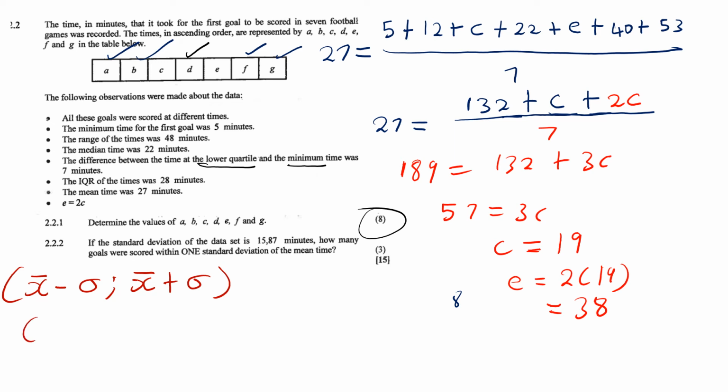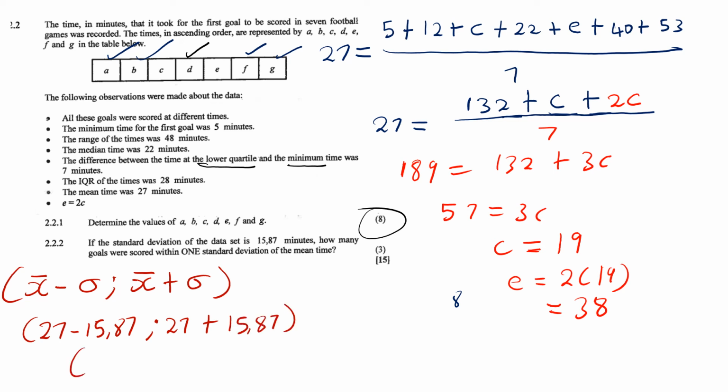So what is our mean here? Our mean we've been given is 27, minus the standard deviation 15.87, and then x bar, our mean, which is 27, plus our standard deviation, 15.87.